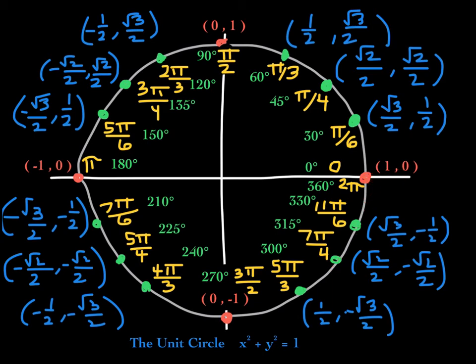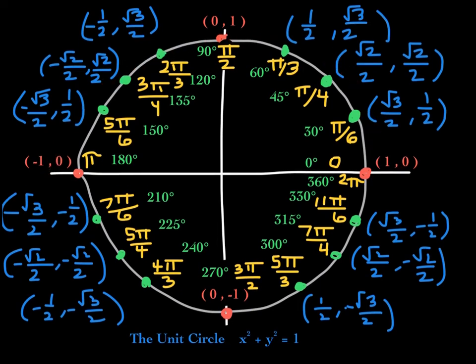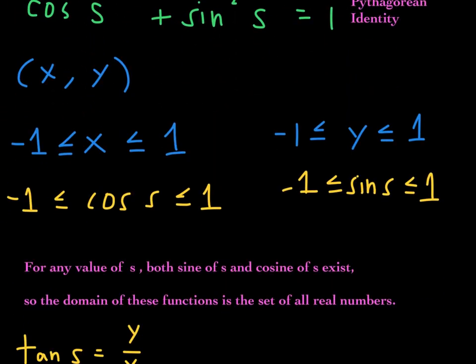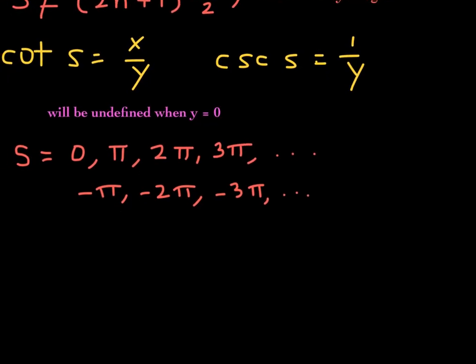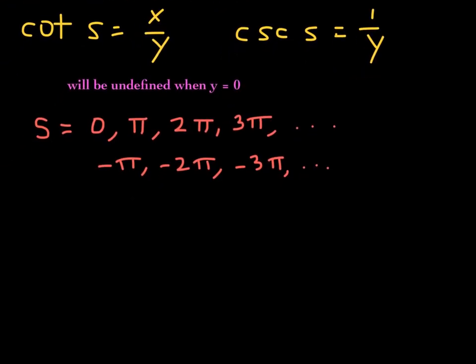And the same is true with negative pi. Your y value is 0. Negative 2 pi. Your y value is 0. So at each one of these s values, I'm sorry if I'm making you dizzy here, your y value is 0, which means cotangent and cosecant would be undefined.